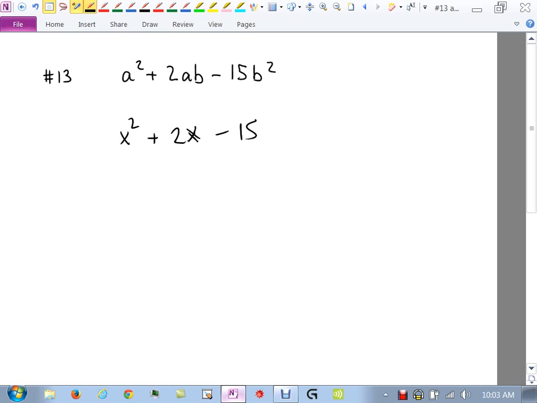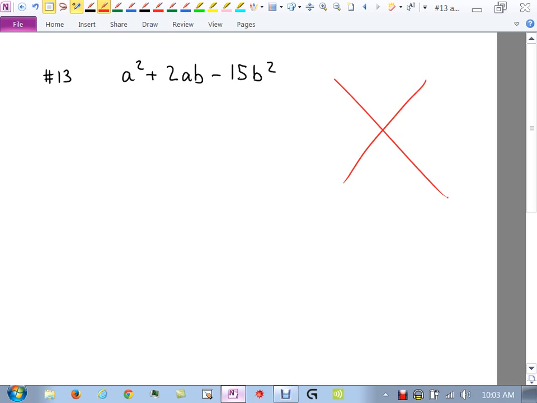This has not only an a squared, it has an a and a b, and over here a b squared. This is a very special format that we need to recognize. We have squared variables on the ends, and then both variables not squared in the middle. Do you see that? That is going to factor correctly using AC method, but we have to pay attention when we do the grouping. So let's do our cross thing.